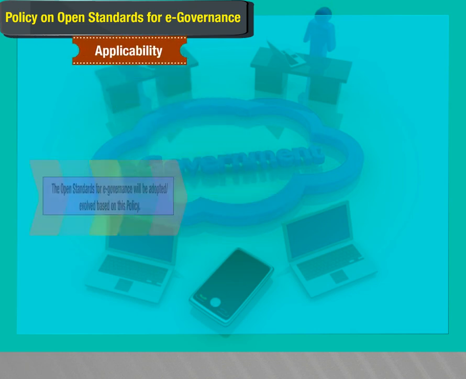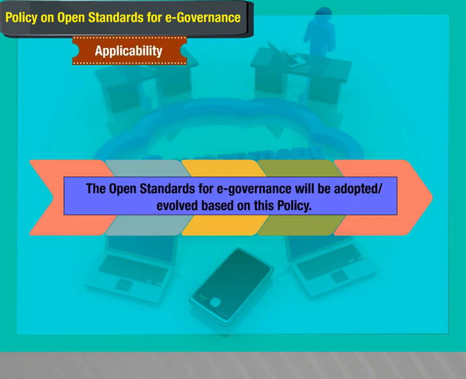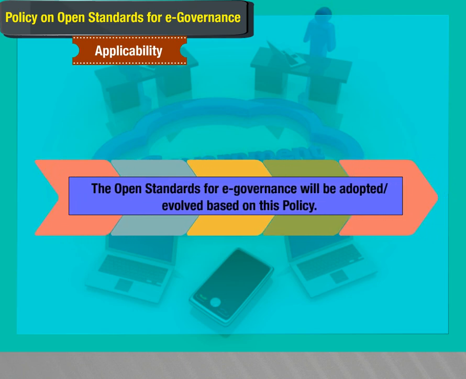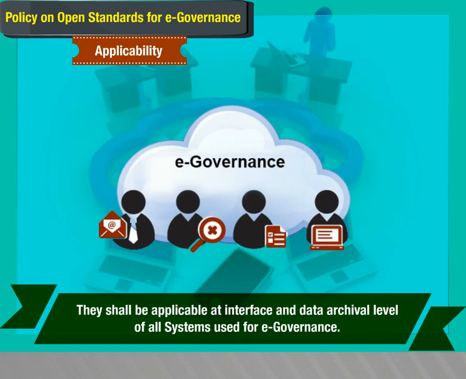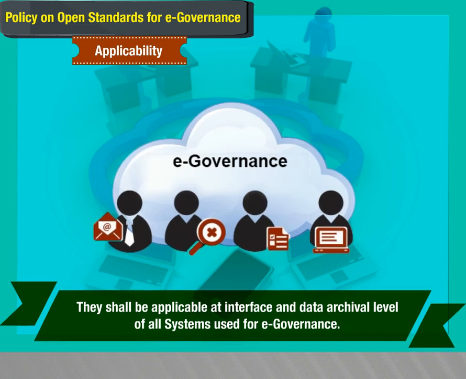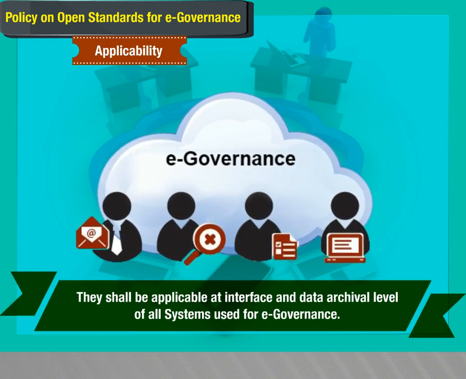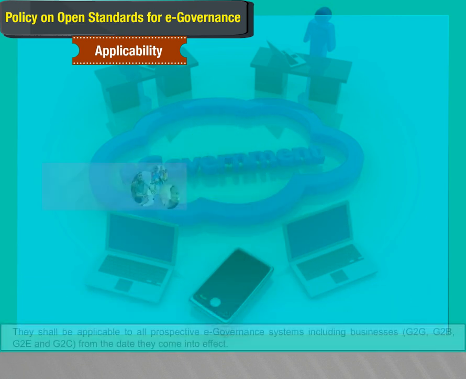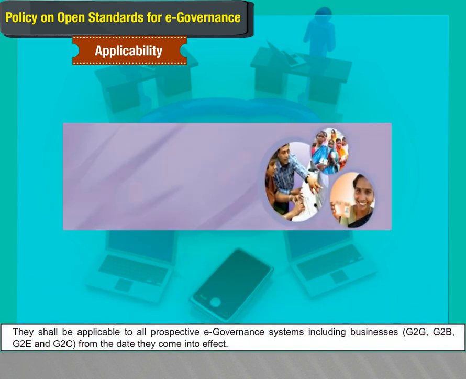Applicability. The open standards for e-governance will be adopted or evolved based on this policy. They shall be applicable at interface and data archival level of all systems used for e-governance. They shall be applicable to all prospective e-governance systems, including businesses, that is G2G, G2B, G2E, and G2C, from the date they come into effect.